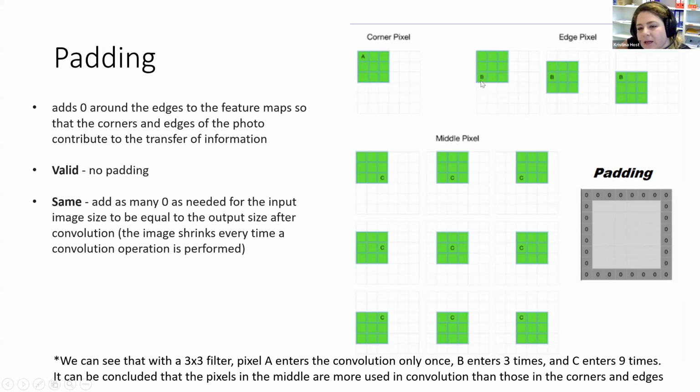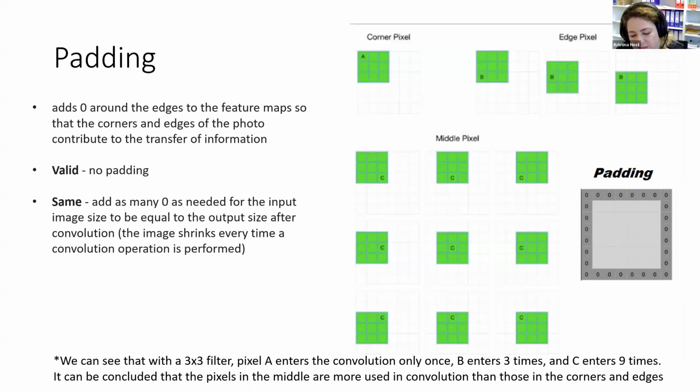The edge pixel will be taken into consideration 3 times. And you can see that some middle pixels can be taken into consideration 9 times. To prevent this, you can also use padding, that is adding zeros around the image so that the corner and edge pixels can be taken into consideration for the convolution, for the passes of the filter, more times, and then it's better to find features that are also in the corners and edges.